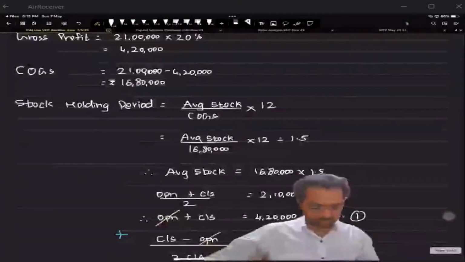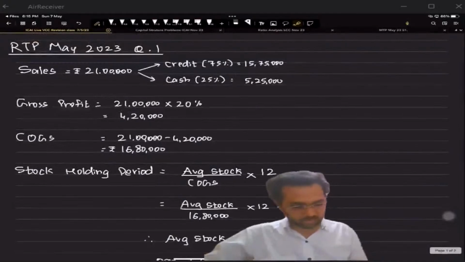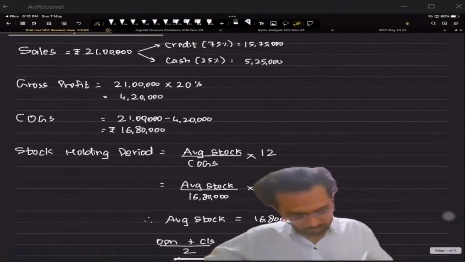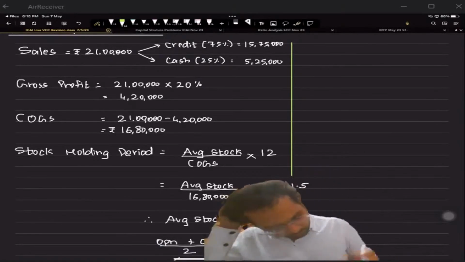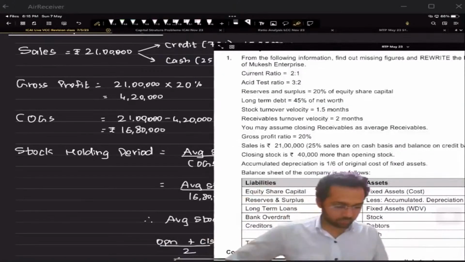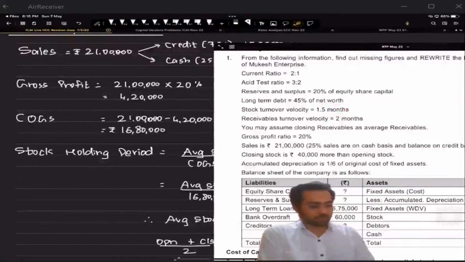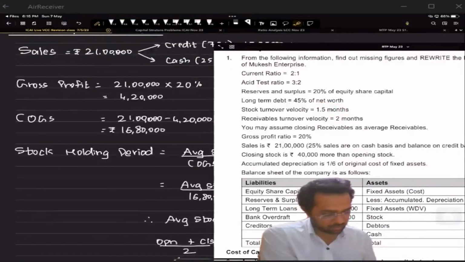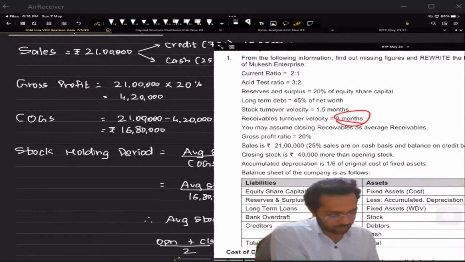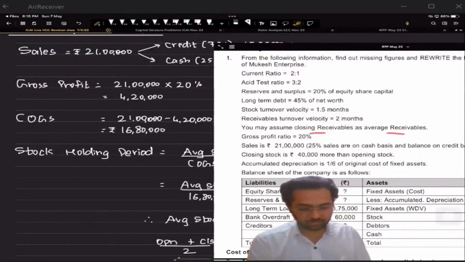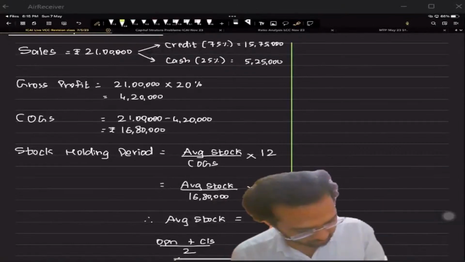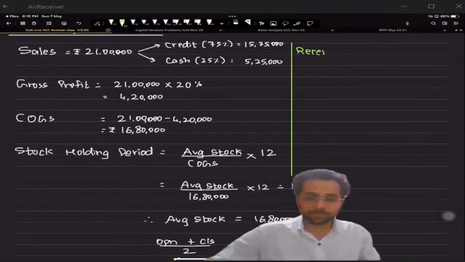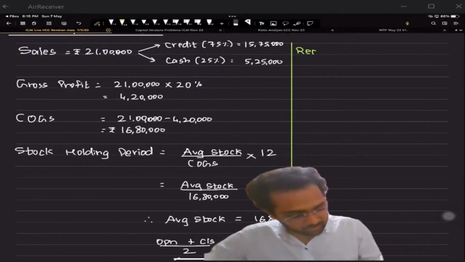Now, from the credit sales figure, remember we can get the amount of debtors also. Receivables turnover velocity is 2 months, and they're saying closing and average receivables are one and the same.